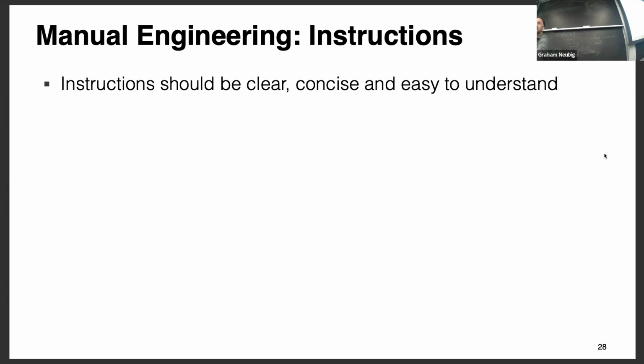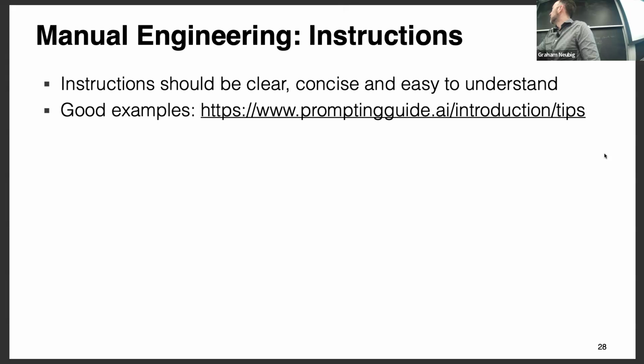So if you're not very good at explaining things to humans, that might actually be bad, and you might want to practice that. And explaining things to models might be a good way to practice that, right? It could give you feedback without annoying your friends by having you explain things to them in several different ways and seeing how they react. But anyway, clear, concise, easy to understand is good.